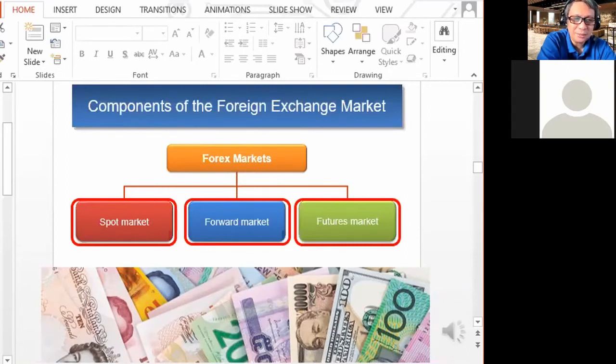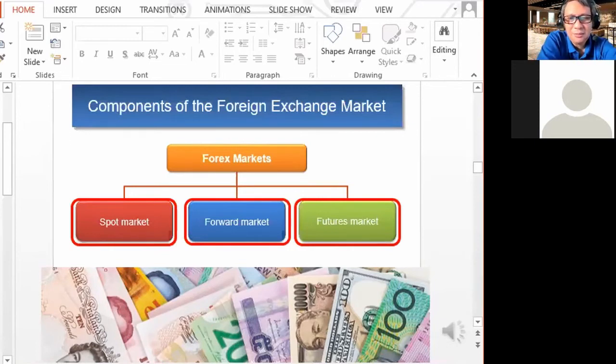So just like in the stock market, just like in the commodities market, these are all examples of spot markets or markets that exchange money immediately. So there's an exchange of foreign currency immediately in that market. They call it the spot market. Okay.